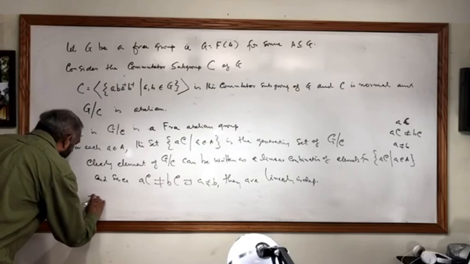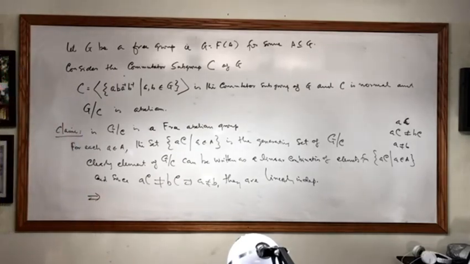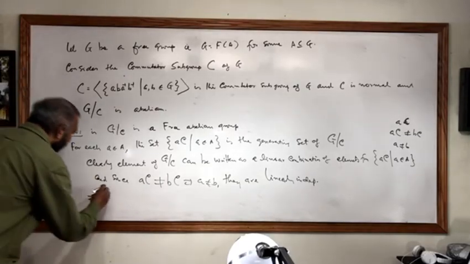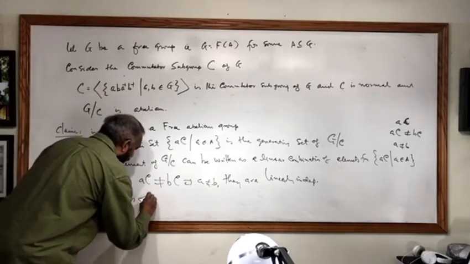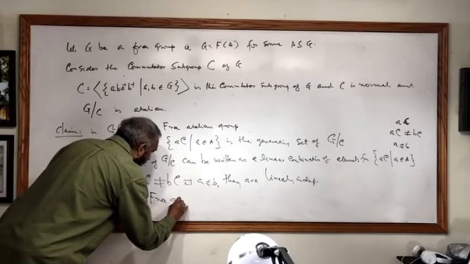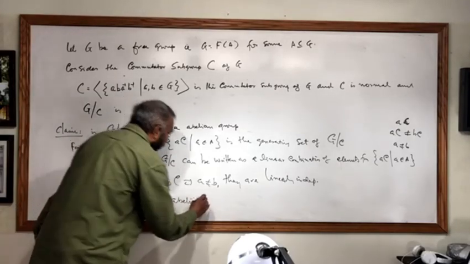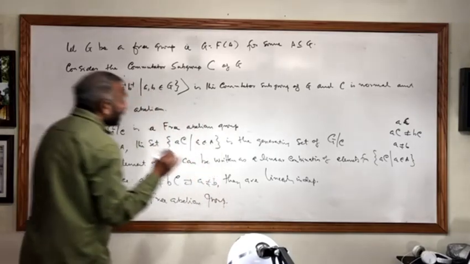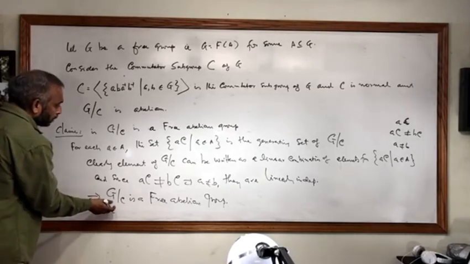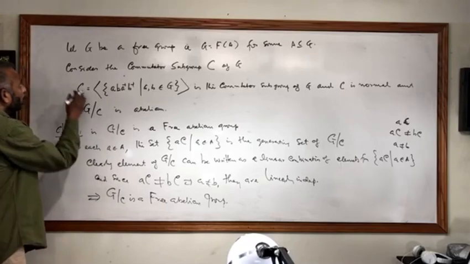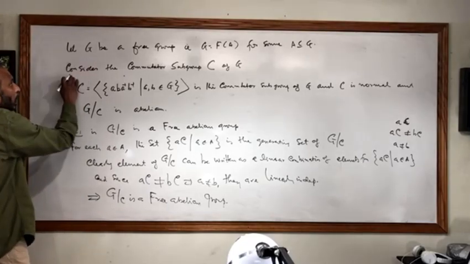And it is also uniquely generated. So that implies G over C is a free abelian group. And this is the relation between free group and free abelian group. A free abelian group can be expressed as a quotient group of a free group over its commutator subgroup.